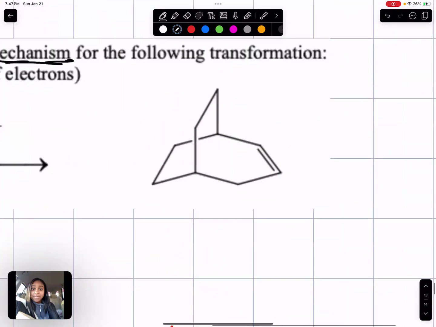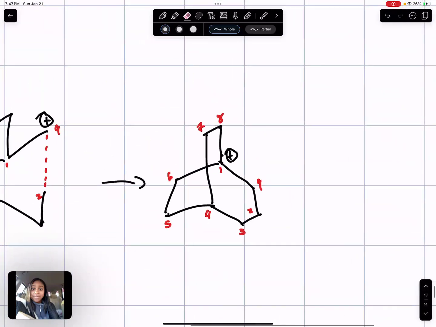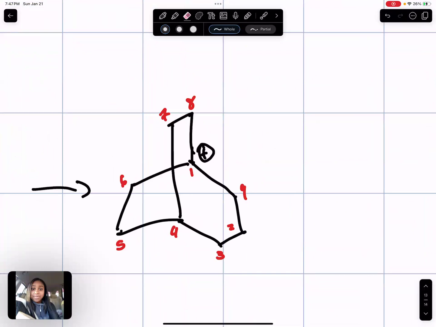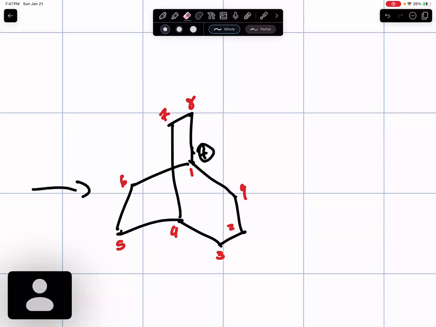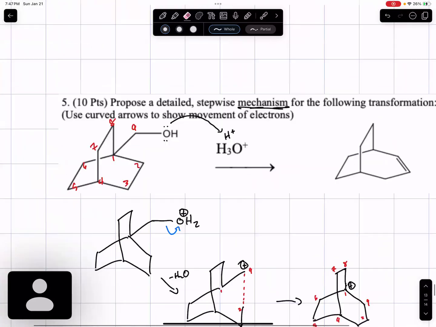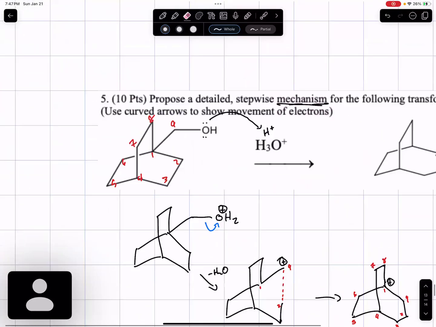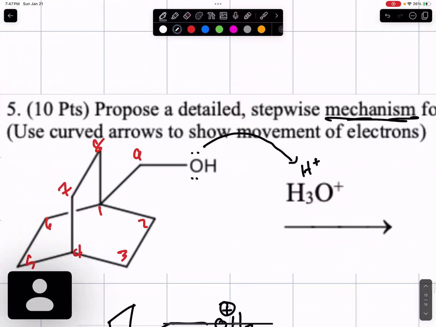I need to somehow form an alkene here, right? So what's going to happen? How do I move that positive charge? It is a hydride shift, because if you look at carbon number 9, it still had 2 hydrogens.